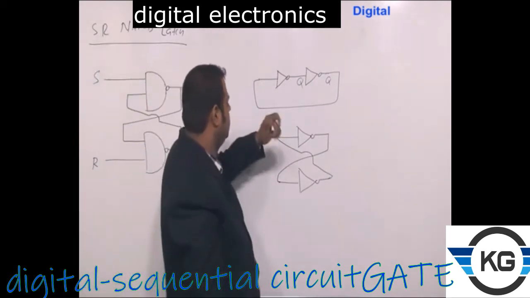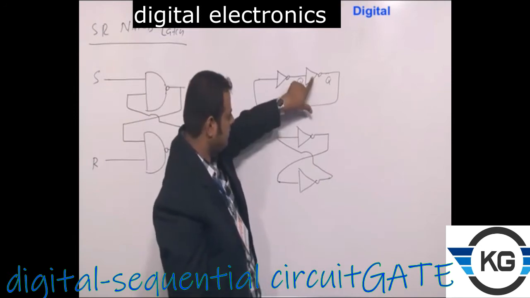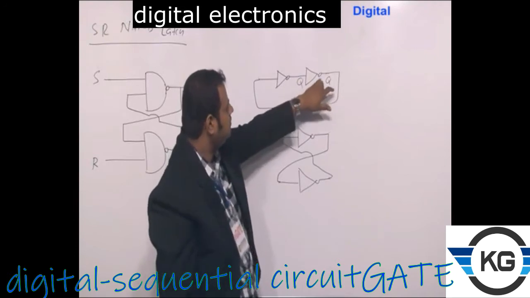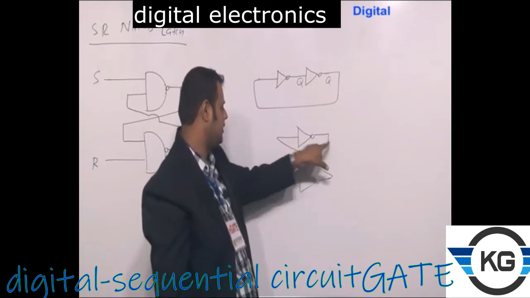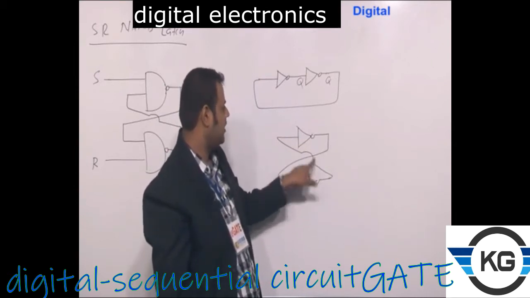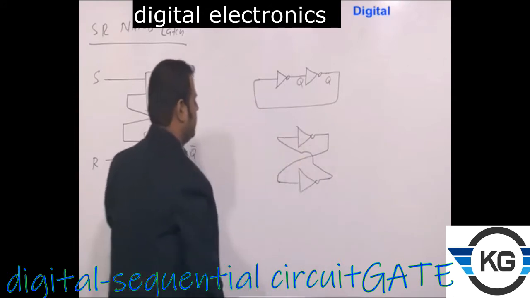Let's say I am replacing this with the NOT gate, let's say this one. The output of this NOT gate is connected to the input of another NOT gate, and the output of that NOT gate is connected to the input of this one. So the same structure I am just arranging in this way.